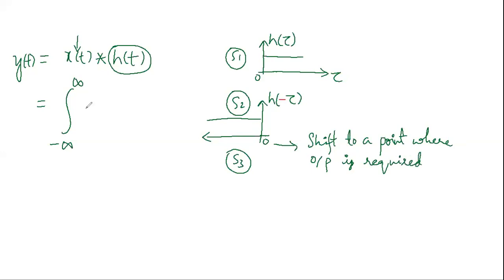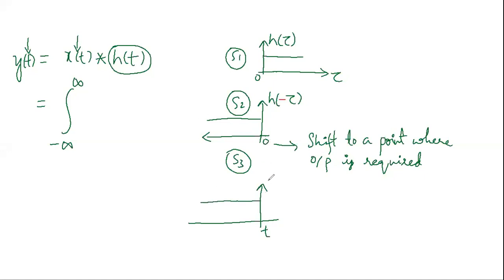And at what value of time are we supposed to do that? The value of time is t. So instead of using this as 0, I'll shift the entire signal to a point such that the signal starts from point t, not 0.